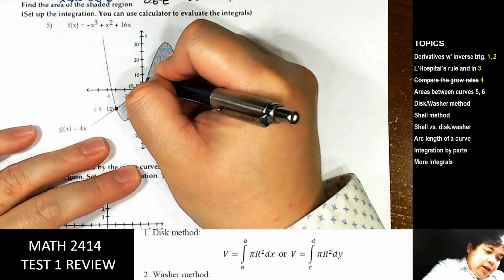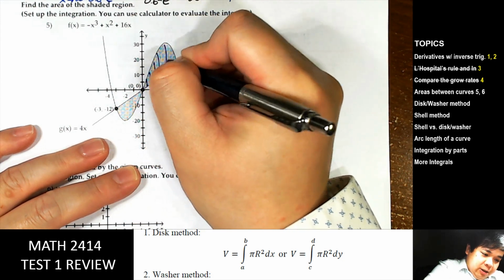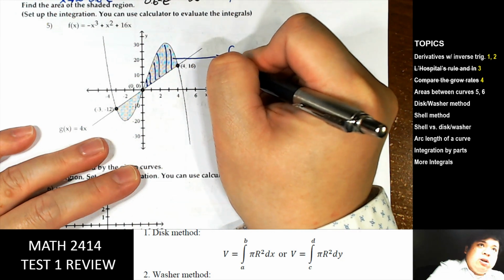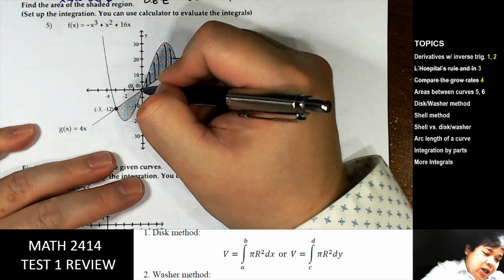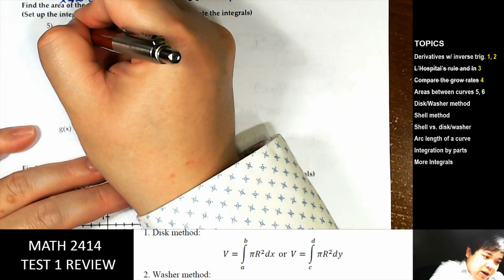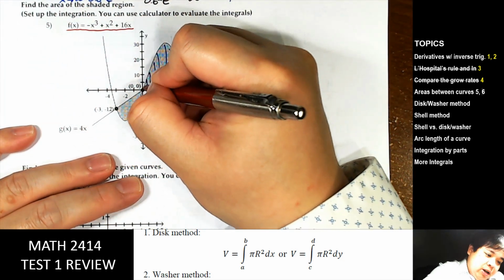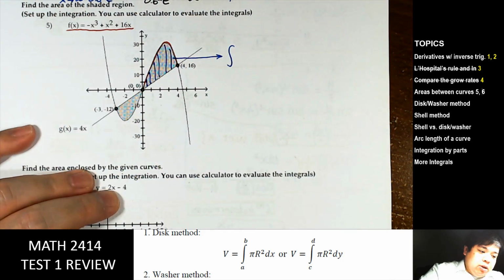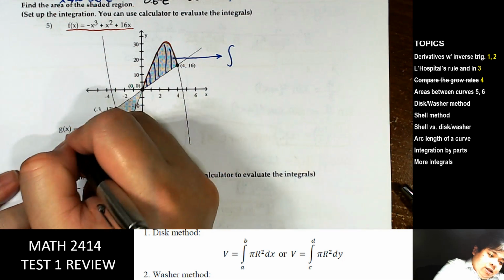So first, this region, we just set up an integral. What we see is on the top is going to be a curve, a curve given by this function. So the curve is on the top, and the bottom is the line.